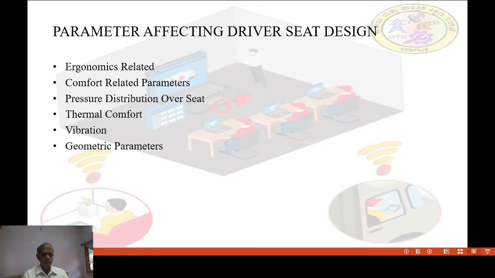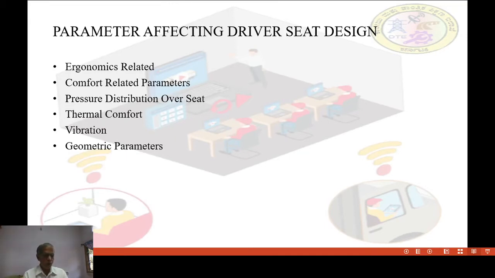Next, parameters affecting driver seat design. Wide varieties of parameters must be considered while designing driver seat in order to fulfill the following four criteria. Number one, driver seat is designed in such a way that he can reach vehicle controls with clear vision.